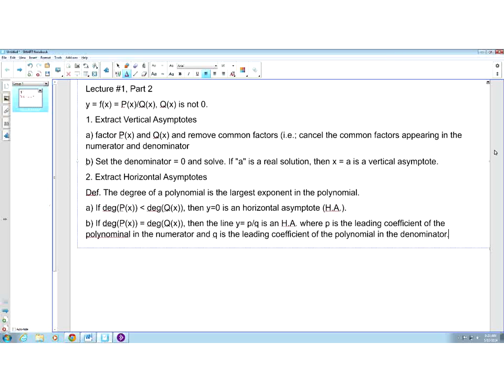Now, I assume you have some knowledge of what leading coefficients are, but just to remind you, let me go ahead and construct one and show you how to identify the leading coefficient.